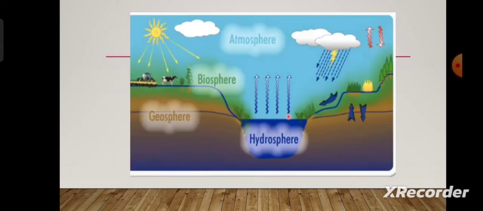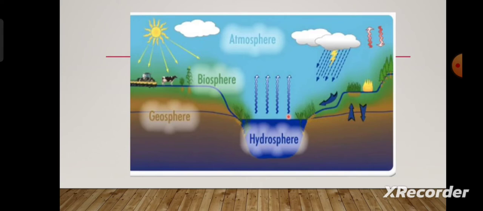Now in this particular diagram you can see all the four spheres depicted. The hydrosphere is the water, the geosphere means the lithosphere which is the land, the biosphere is our animals, plants, all the living and non-living organisms, the atmosphere is the air.